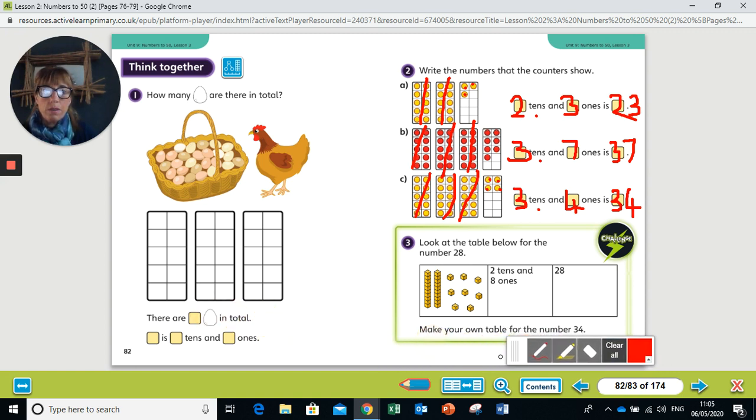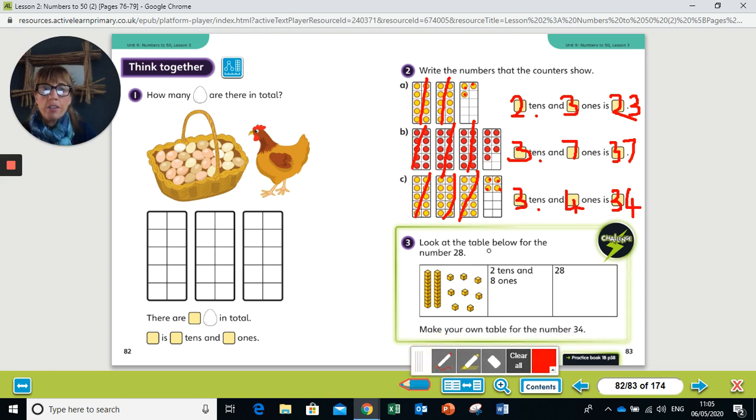If Miss Tate can move this out of the way, let's put it down there. Look at the table below for the number 28. So this time they've used cubes to represent the number 28. They've used 2 tens and how many ones? 8.